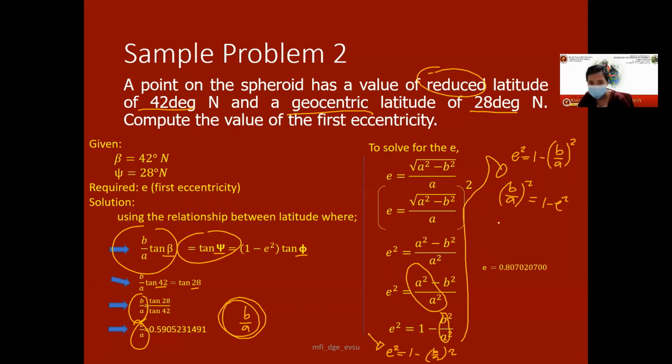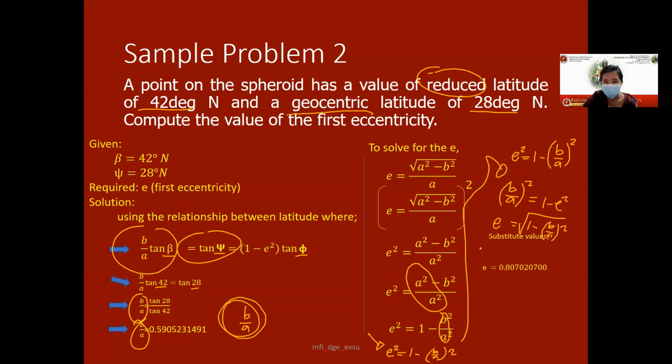So e is equal to the square root of 1 minus b over a squared.